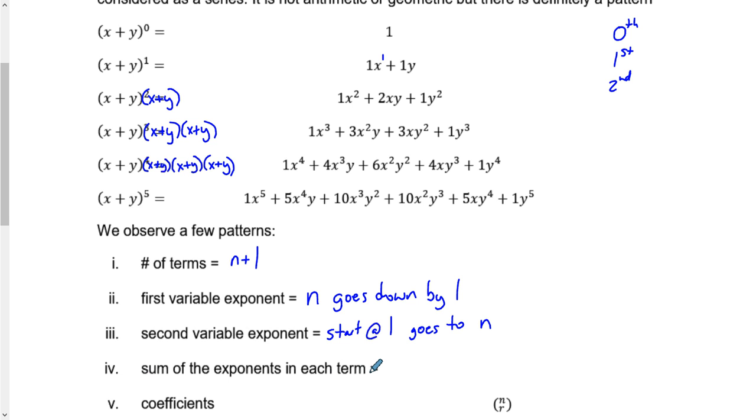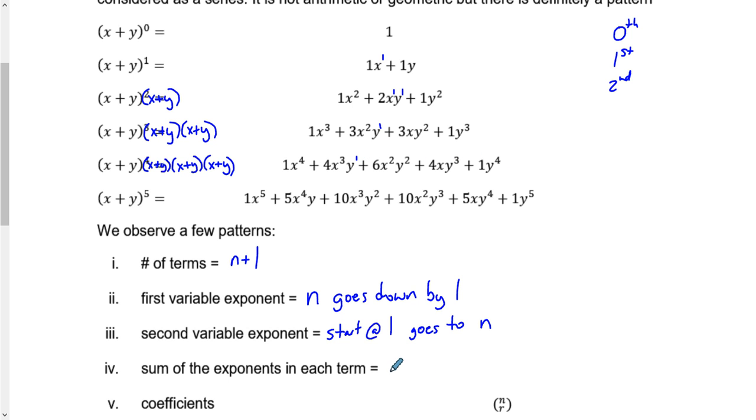The sum of the exponents in each term. Meaning, in each term, well, the sum of the exponents is 1. In this one, it's 2. In this one, 1 plus 1 is 2. This one's 2. This one's 3. 2 plus 1 is 3. 1 plus 2 is 3. 3. 4. 3 plus 1 is 4. 2 plus 2 is 4. 1 plus 3 is 4.